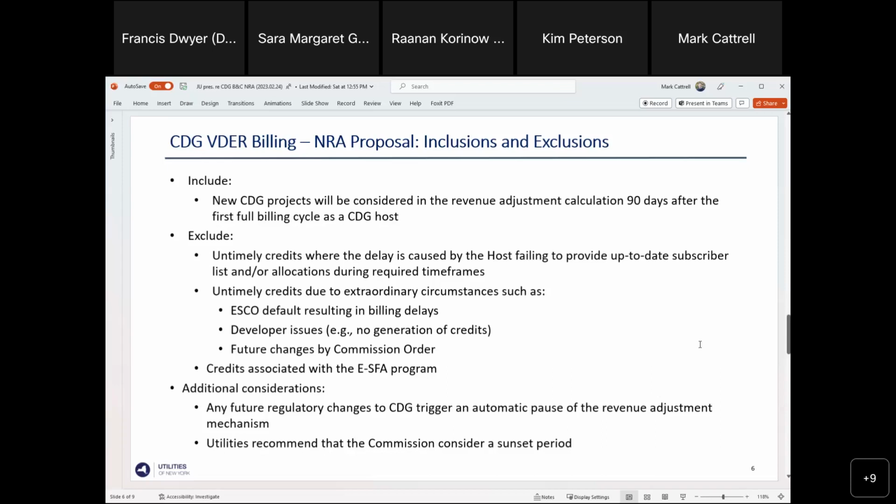That's also why we built in the 90-day time frame before a host gets into the metric, because we know that there are sometimes issues right before or right after interconnection that can impact generating that first, second, or third host bill. Some of those issues are outside of the utility's control. Some are not. So we just want to have a reasonable period to adjust for any first host bill anomalies.